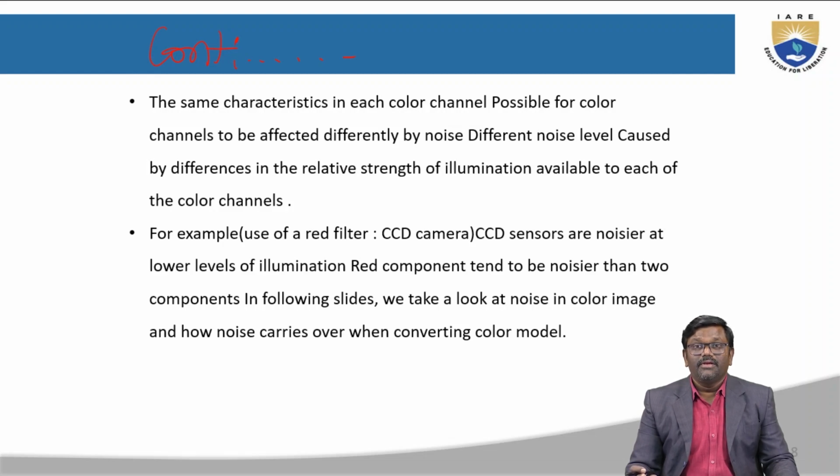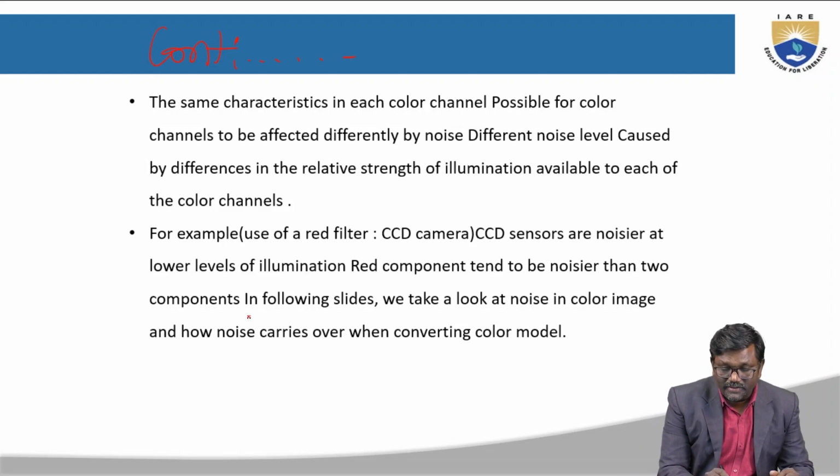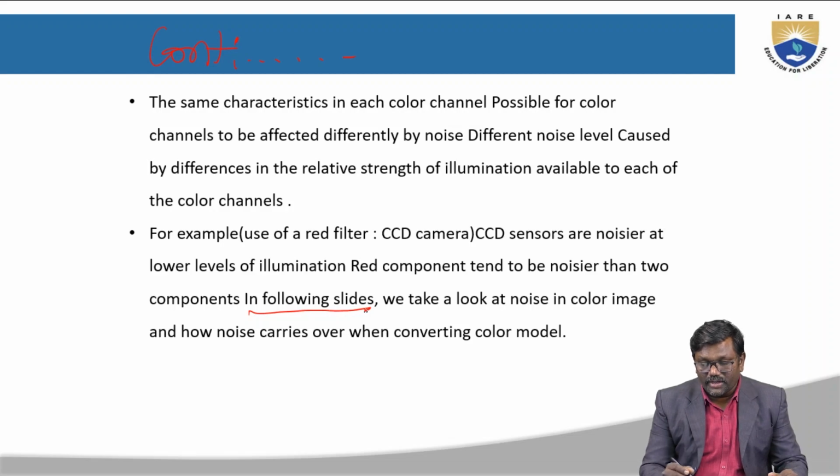For example, with the use of a red filter in a CCD camera, the CCD camera is considered the sensor. At a lower level of illumination, the red component tends to be noisier than the other two components. We will get that knowledge from the following slides.